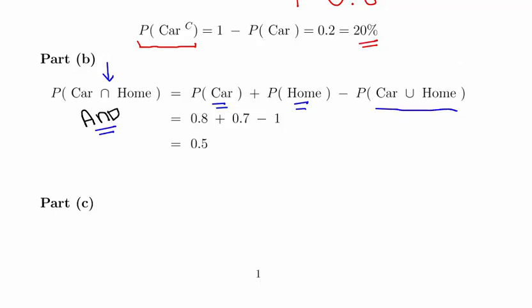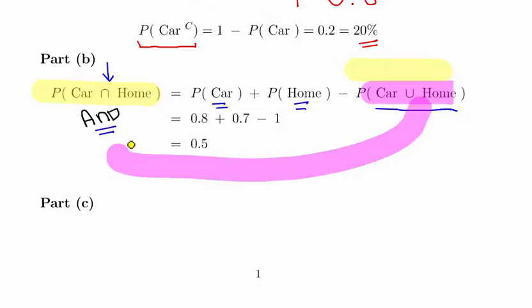You would usually see the union sign here and the intersection sign there, but essentially both variations are correct. This is union, by the way, and that means or: car or home or both.